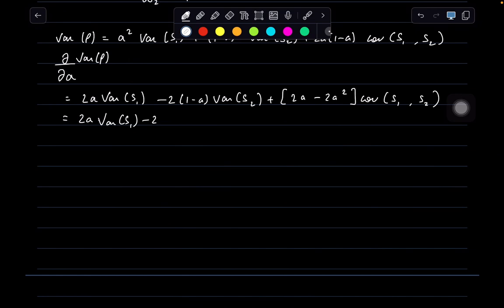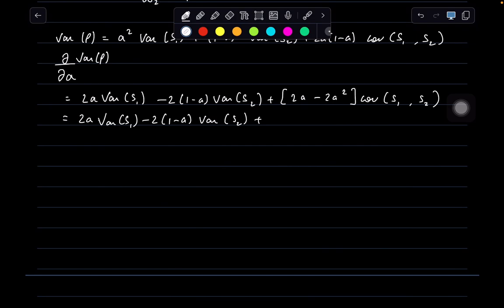So we bring the 2 down, that gives us a minus 4a. So we take the 2 out as a common, so that gives us a 1 minus 2a. So we take the 2 out, 1 minus 2a, covariance s1 s2. Alright, perfect.